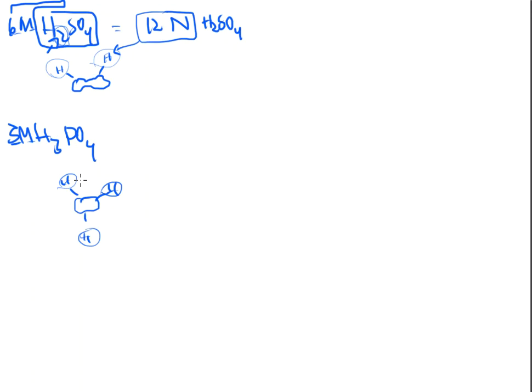Therefore, one molecule is equivalent to 3 protons. So what I would do is I would take my concentration in molarity and I would multiply it by 3, because every one molecule brings 3 to the table. So 3 times 3 is 9 normal.